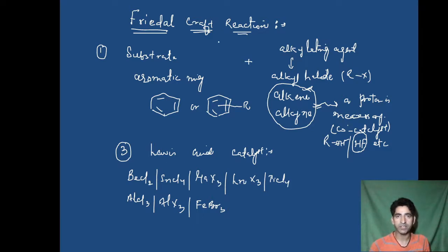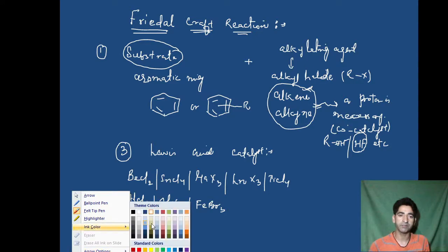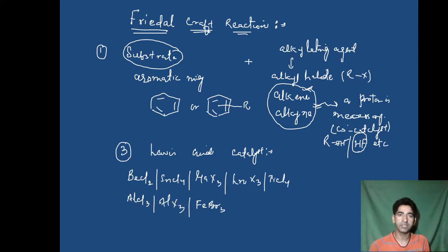So basically Friedel-Crafts alkylation reaction involves three important things. First, the substrate, which is an aromatic ring or substituted aromatic ring, for example a benzene ring or substituted benzene ring.